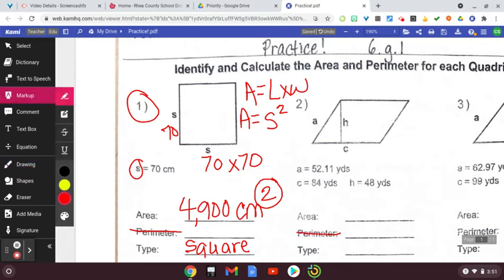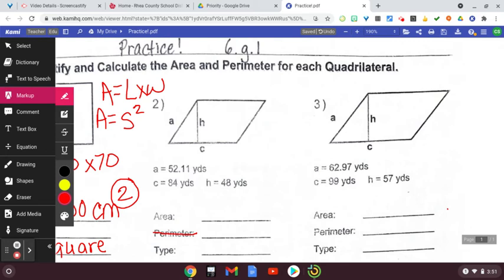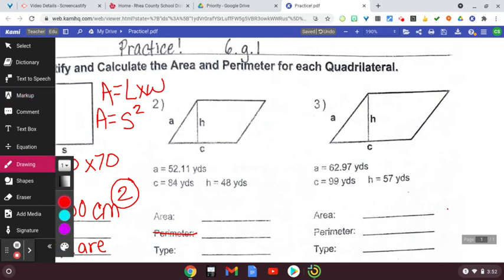Okay. The next shape that we have got over here is called a parallelogram. So I'm going to make sure that I've got that written down over here again. Okay. And in order to find the area of a parallelogram, we're just going to take its base times its height. Now, this shape right over here is very similar to a rectangle, except it's being squished.